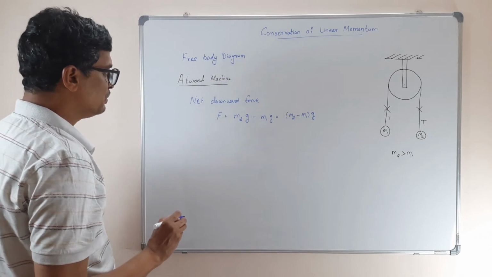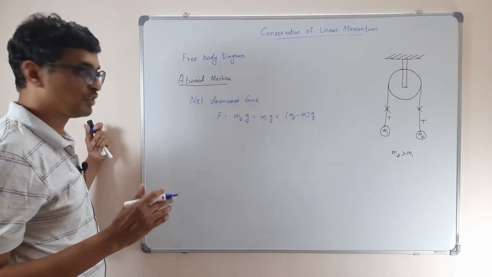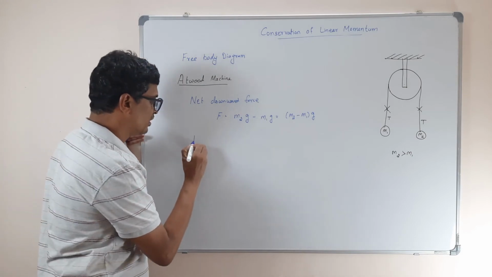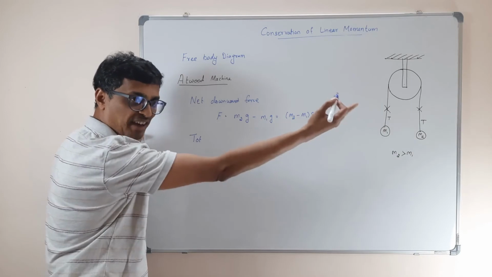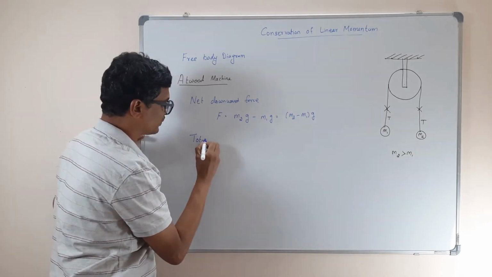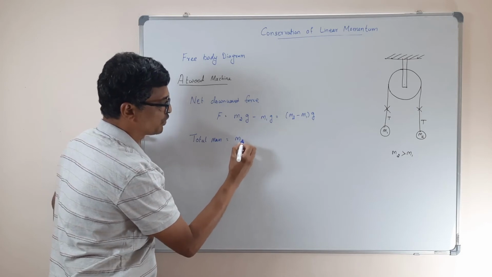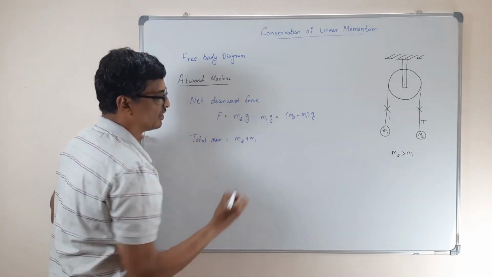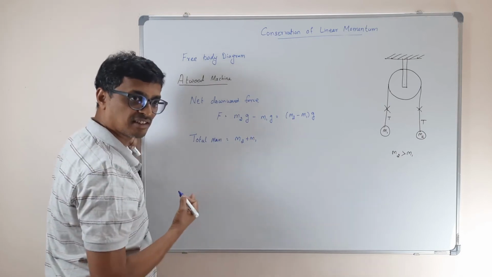Okay. So now what's the total mass of the system? Total mass of the system is what? Plus M1. Mass has to be added only, right? So total mass of the system is equal to M2 plus M1. Now you know force equals mass into acceleration.